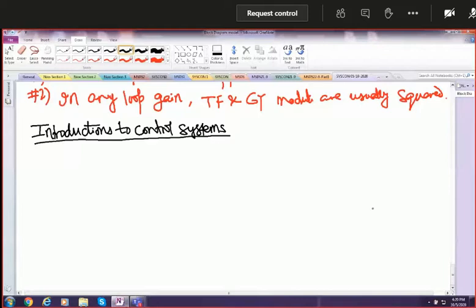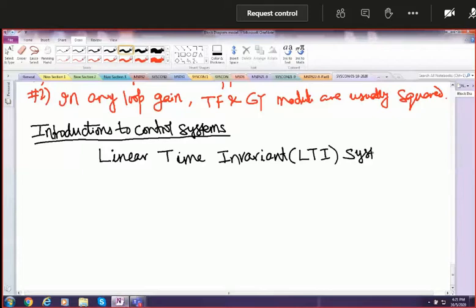So the kind of systems that you are going to handle in your control system course are very, very simple. They are called linear time invariant systems, in short LTI systems.